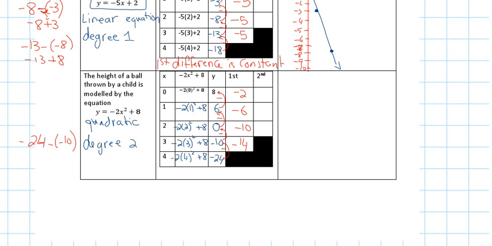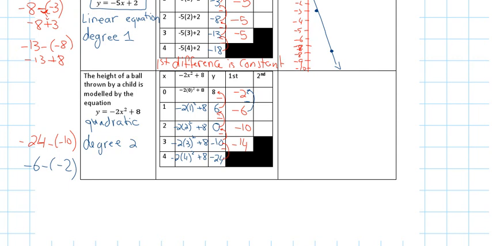Okay? So, I will have to subtract again, the first difference. So I'll do negative 6, take away negative 2. Negative 4. Okay?